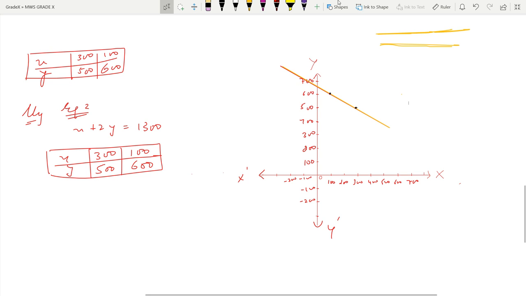So in this way the lines coincide with each other.